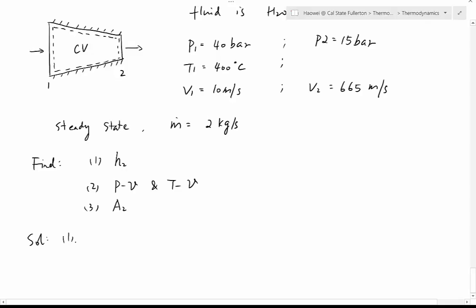Okay, so now we're going to identify if our system is a closed system or a control volume. From the setup, we can easily tell it must be a control volume because you have inlet and outlet.